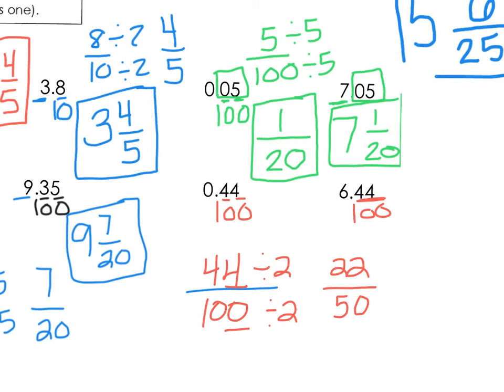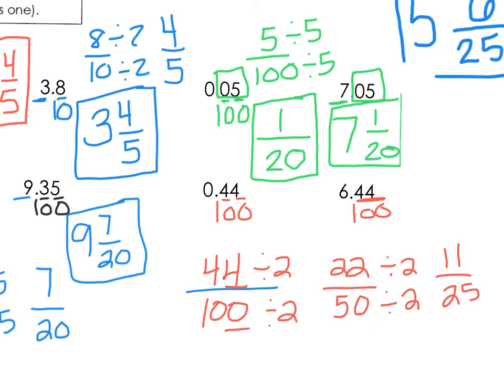But I recognize that those are both even numbers as well, so I can simplify by 2 again. And 22 divided by 2 is 11, or half of 22 is 11, and half of 50 is 25.